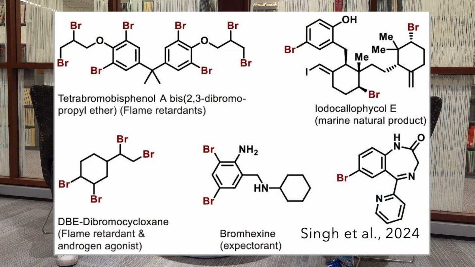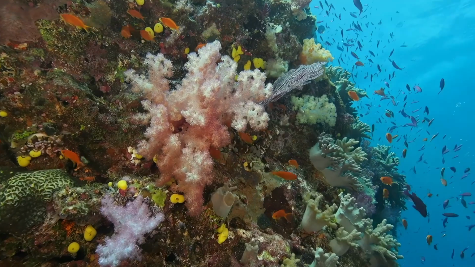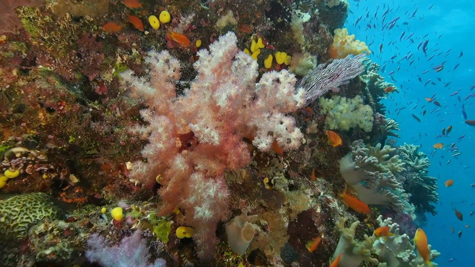Marine natural products tend to be brominated, so a lot of these natural products that we work on have these bromine groups. Bromines are very large halogens, and it's interesting what role bromination has in the context of producing a natural product, and what kind of activity is associated with bromination of a natural product.